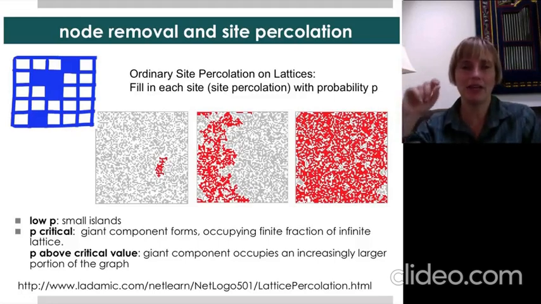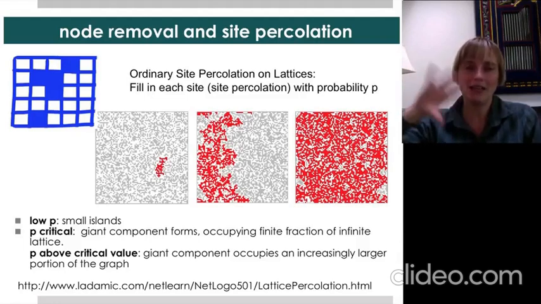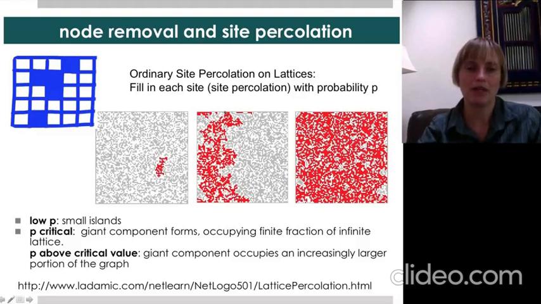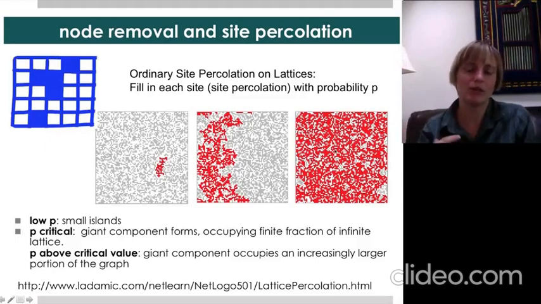And that is, if there are enough gaps, enough unoccupied sites, and these are actually going to be our nodes, in the soil, and they merge together, water can actually seep through. And at some point, we're going to get to this critical threshold, at which point the water can seep through. And after that, of course, more and more water can seep through. But basically, at some proportion of nodes present, the network starts to percolate.